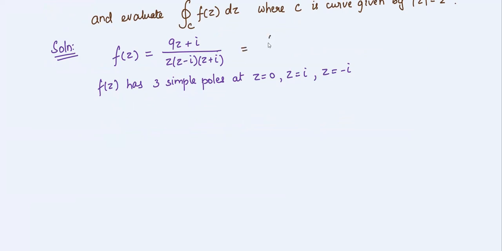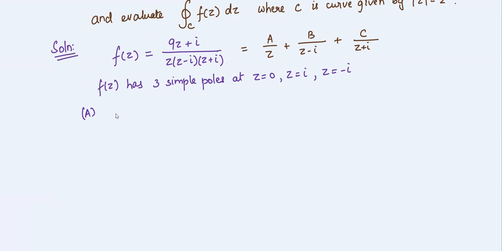We can split this into partial fractions of a by z plus b by (z minus i) plus c by (z plus i) and find a, b, c. So a is the residue for z equal to 0, b is the residue for z equal to i when we expand about z equal to i, and c is the residue for z equal to minus i.